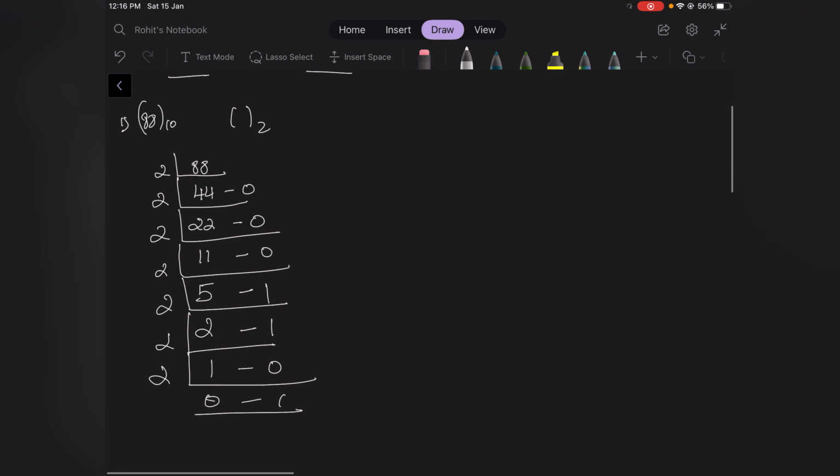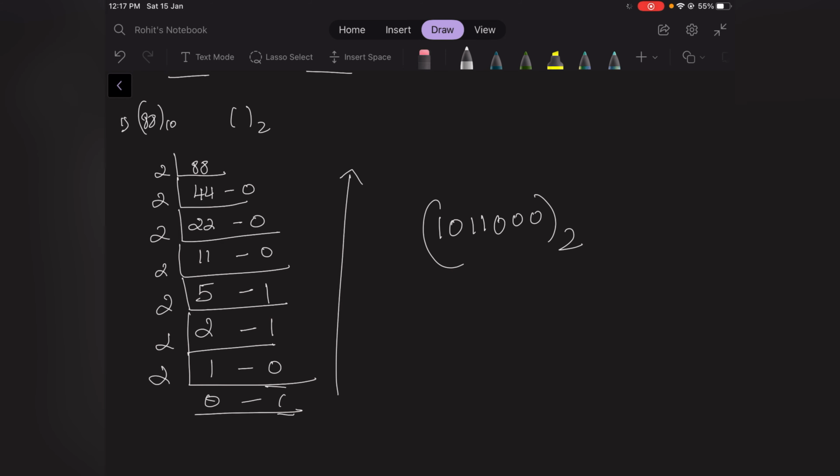Now we have to write the remainders from bottom to top this way, so that we get the binary value of decimal 88. The binary value of 88 is 1011000 to the base 2. This is the binary value of decimal 88.